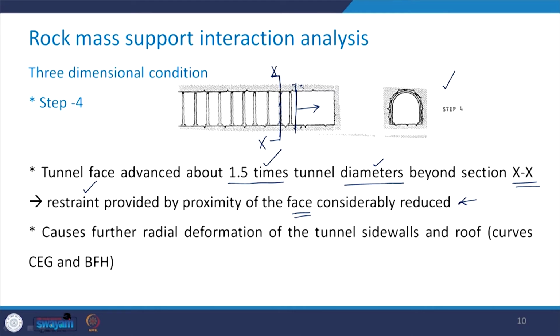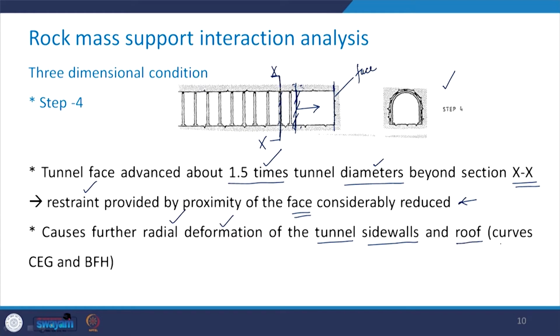But now since this face has been removed and has reached this location, the restraint which was available at this section is no more available as the tunnel face has advanced to this particular location. So this causes further radial deformation of the tunnel side walls as well as the roof.